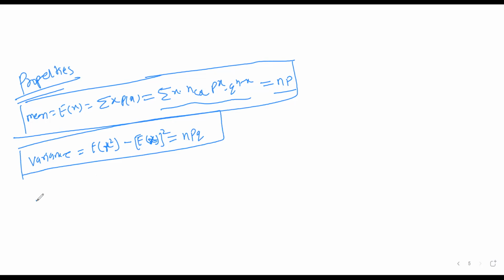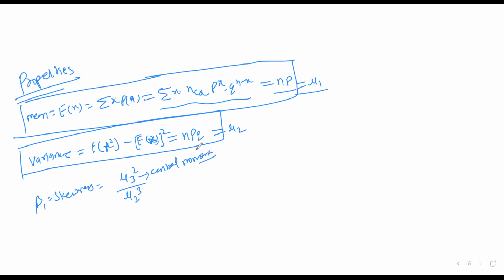There is one more term, called skewness. Skewness is given as mu3 whole square divided by mu2 cube. Mu2 means the variance, mu1 is the expectation, and mu3 is called the central moment.